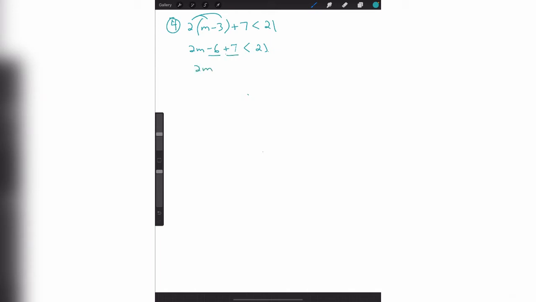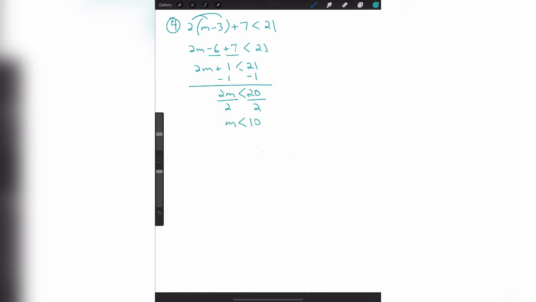So I'm going to say 2m plus 1, because -6 plus 7 is 1, is less than 21. Then I'm going to subtract 1 from each side, and I get 2m is less than 20. And then I divide each side by 2, and I get m is less than 10.